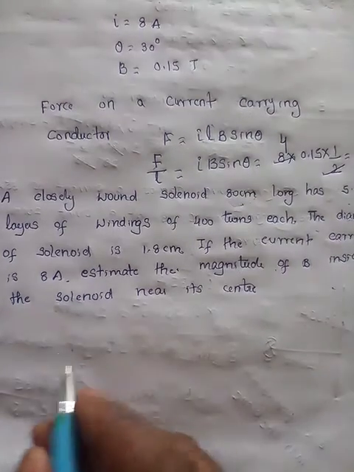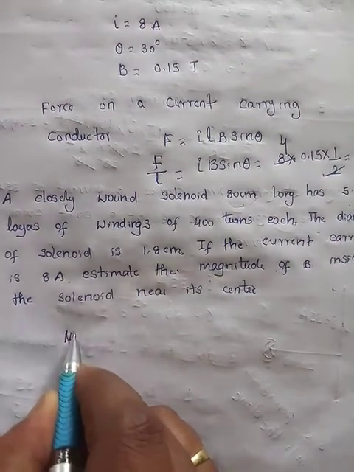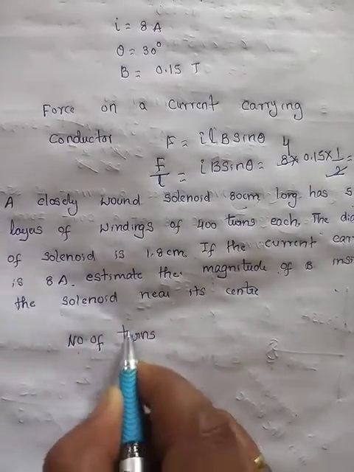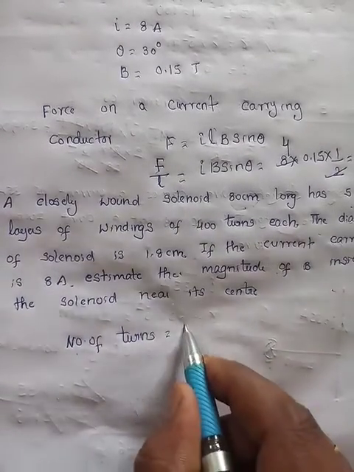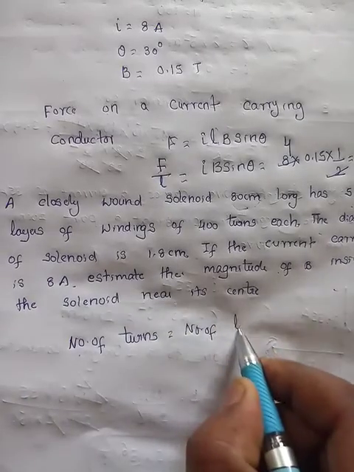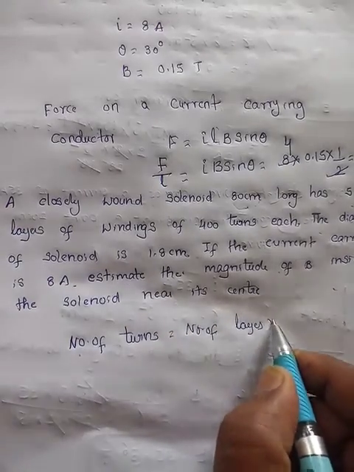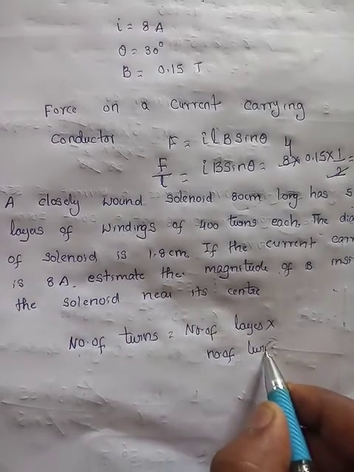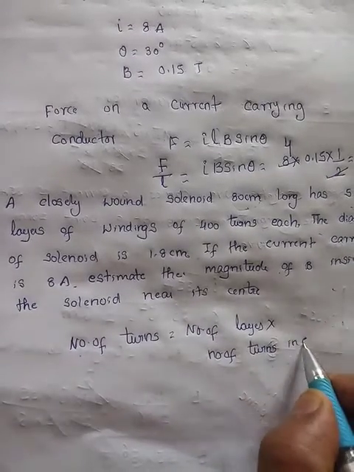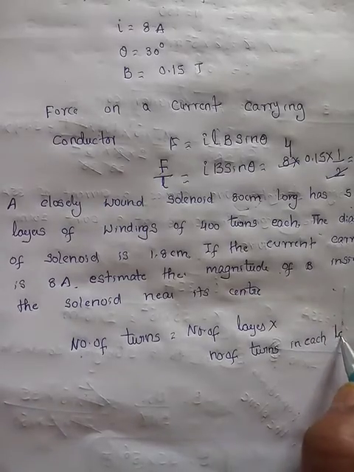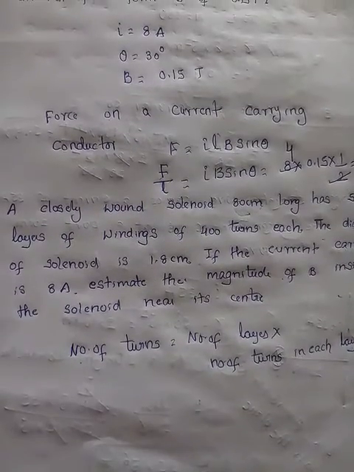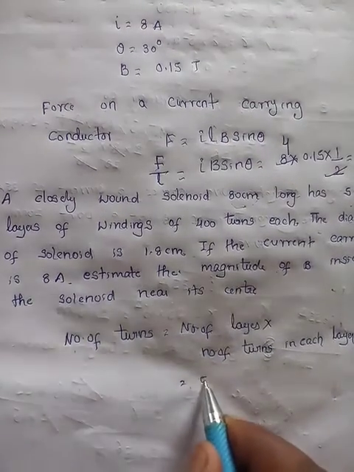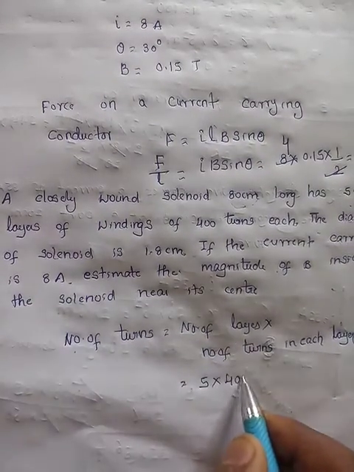First, the total number of turns we have to calculate, which is the number of layers into the number of turns in each layer. How many layers are there here? 5 layers. Each has 400 turns.